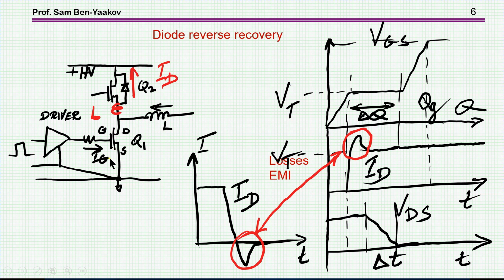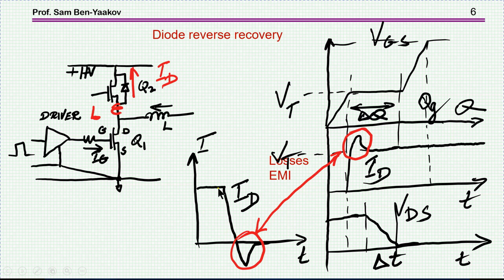Before this transistor is turned on, this upper transistor was on, current was passing through the transistor, and as we have the dead time that we need in order to avoid a shoot through, the current will be passing through the diode, and then as we turn on the transistor, we are actually turning it on against a conducting diode, and then we have this reverse recovery phenomenon.